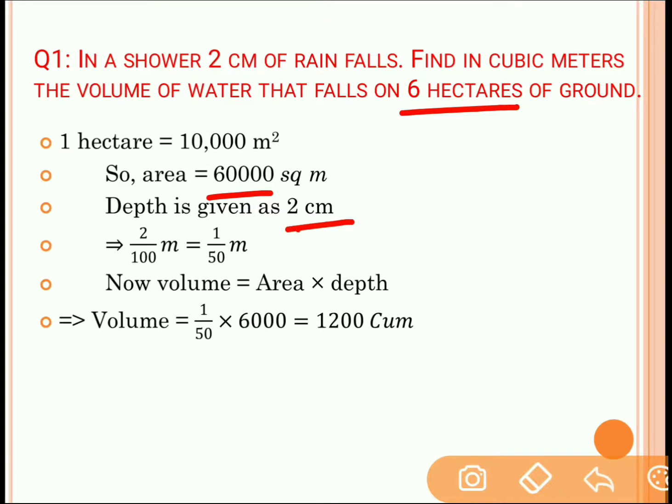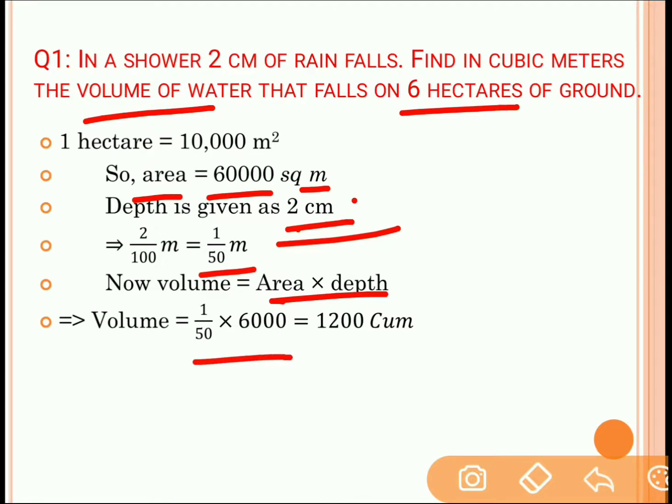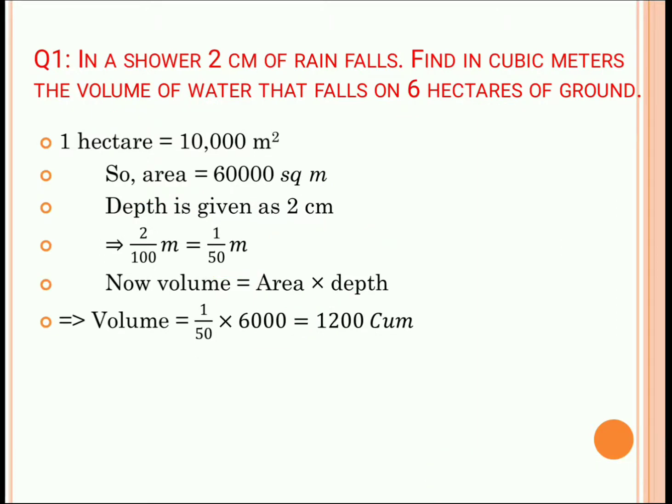We need to keep the volume in meter cube, so every unit should be the same. If area is in meter square, then depth should also be in meter. So 2 centimeter is 2 by 100, which is 1 by 50 meter. Now volume is area into depth. So 1 by 50 into 60,000 is equal to 1200 cubic meter.